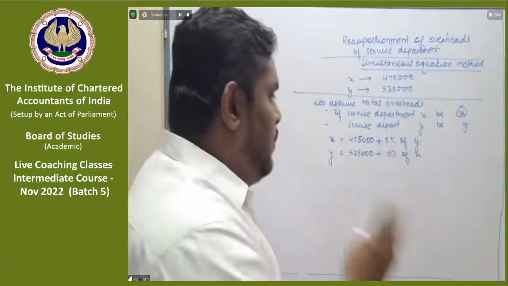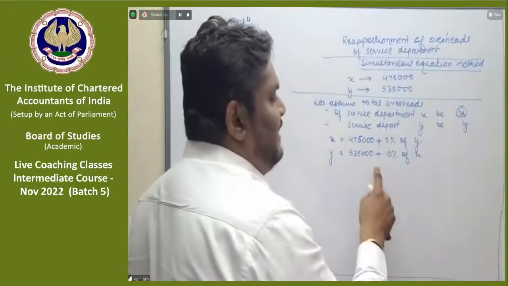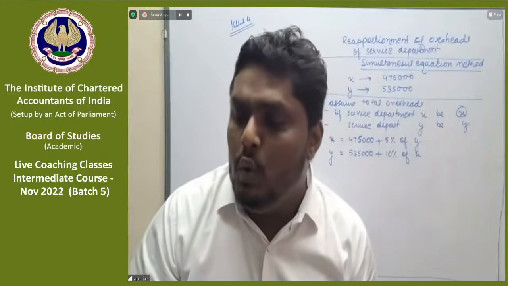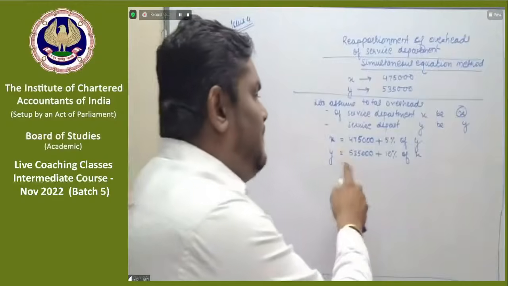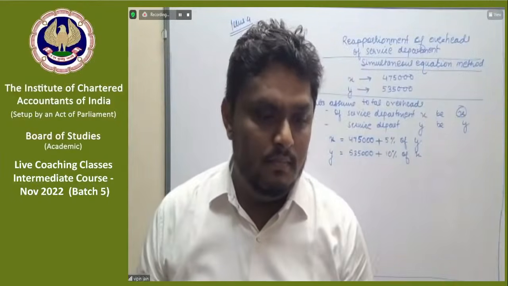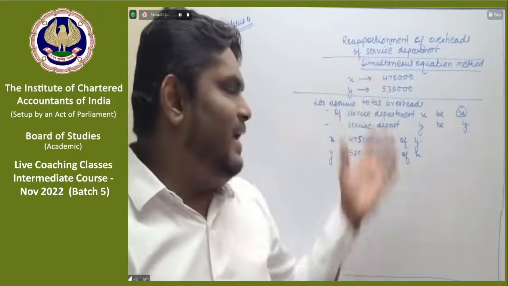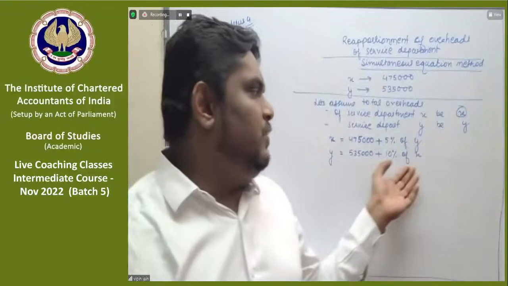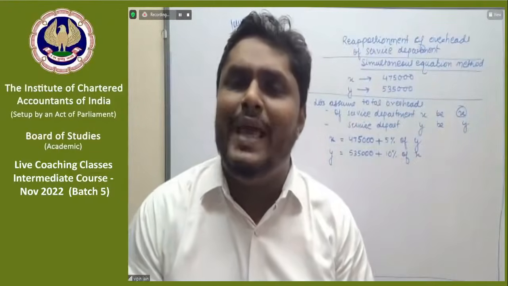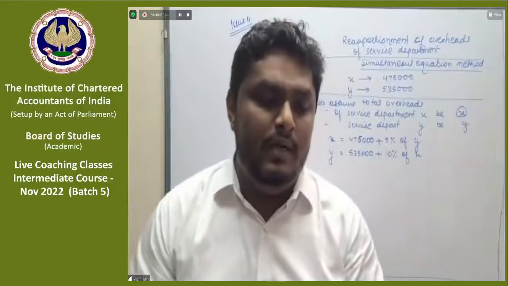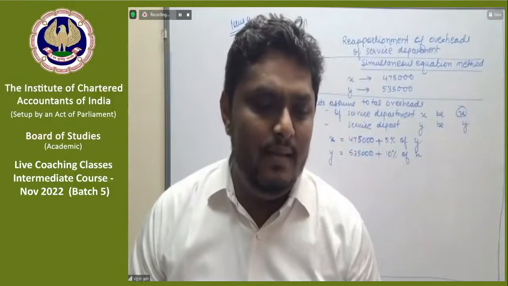Y. When talking about Y, this is 5,35,000 plus 10% is apportioned to Y from X, so plus 10% of X. If you guys have any doubts in this part, please tell me. This part is very important. Once you are thorough with this part, it's very easy to calculate the value of X and Y via the simultaneous equation method. Waiting for your queries, guys.